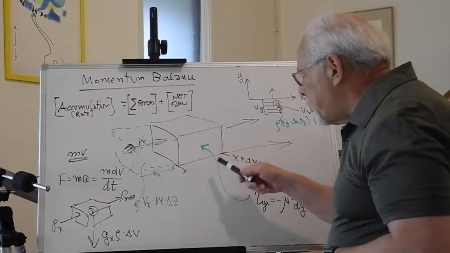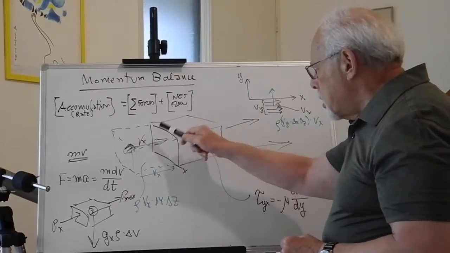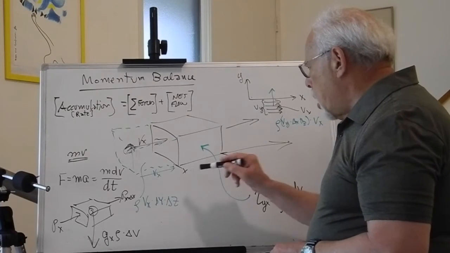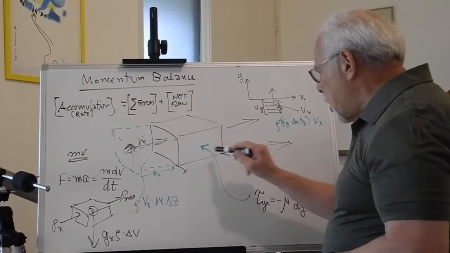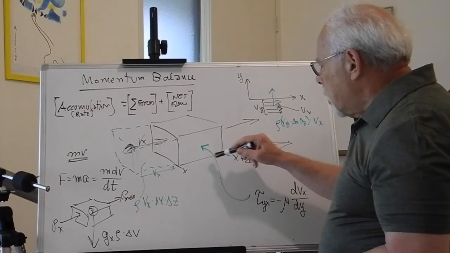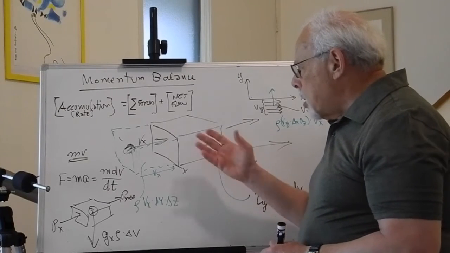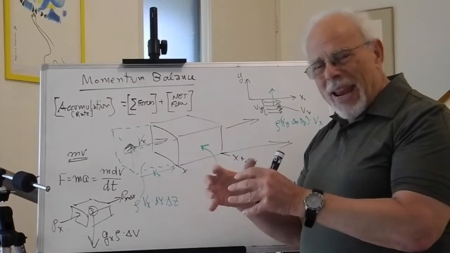So this place for us, using Cartesian coordinates, is a cube like this, which has a position x, y, z, and it has dimensions delta x, delta y, and delta z. And we ask ourselves, how will the balance look?